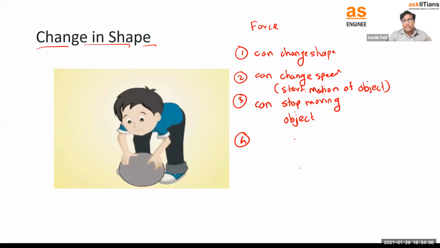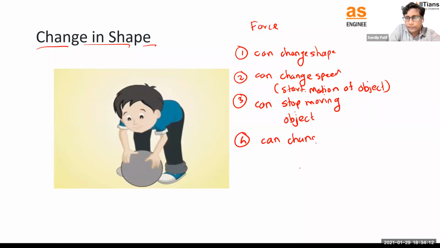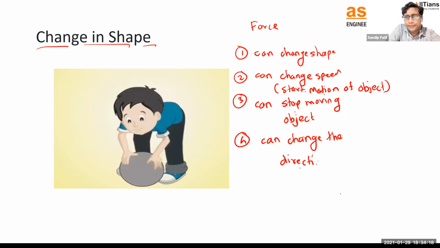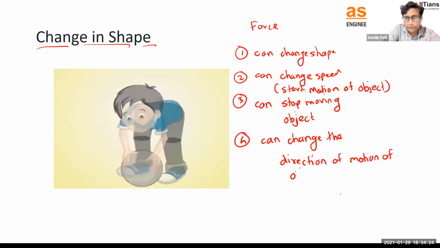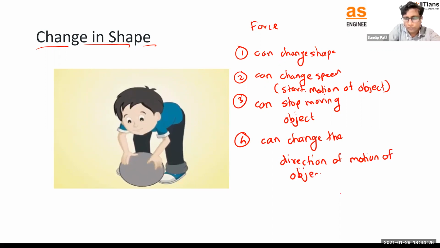So obviously it is changing the direction. So let's say force can change the direction of motion of the object. Simple. So these are the different things force can do, right?